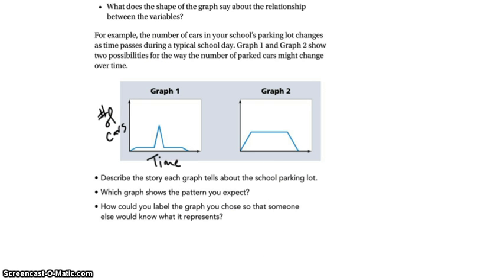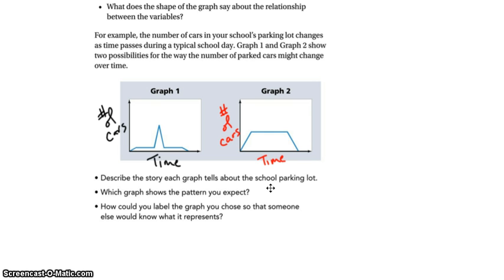Okay, and for graph 2, the same thing applies. Number of cars is going to be what changes throughout the day, and time is going to be our independent variable. So the number of cars will change in our parking lot depending upon the amount of time.